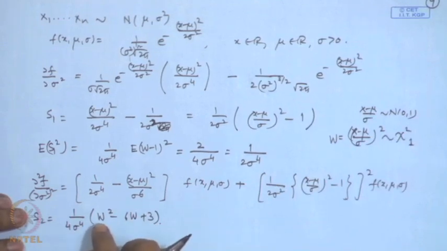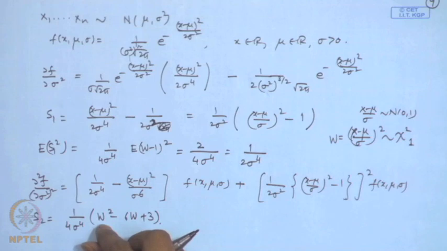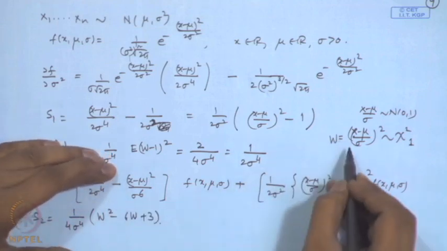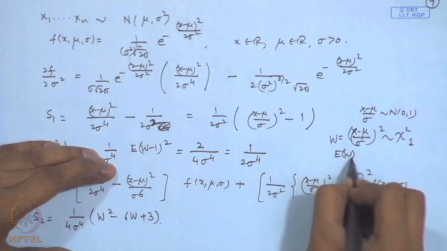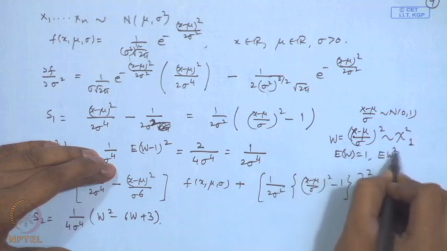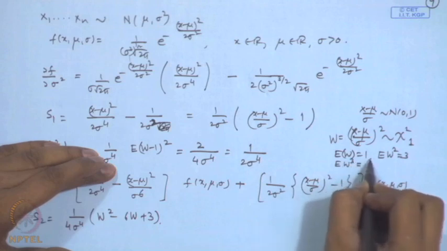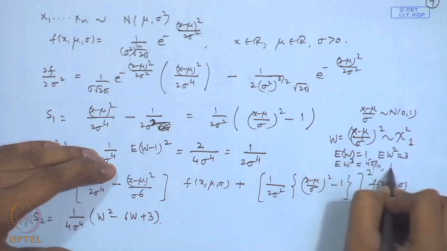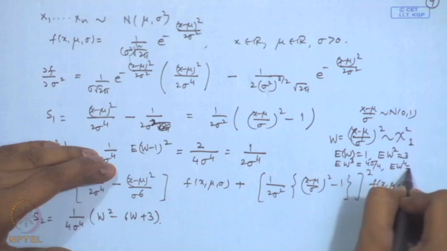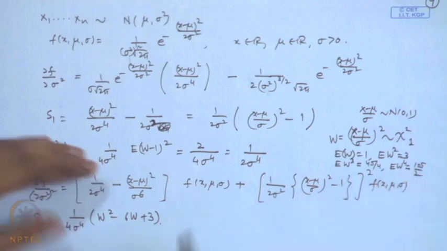Naturally, you can see that expectation of S2 square will involve expectation of W to the power 4, and these terms you can see here. Expectation of W is 1, expectation of W square is 3, expectation of W cube turns out to be 45 by 4, expectation of W to the power 4 turns out to be 105 by 2.